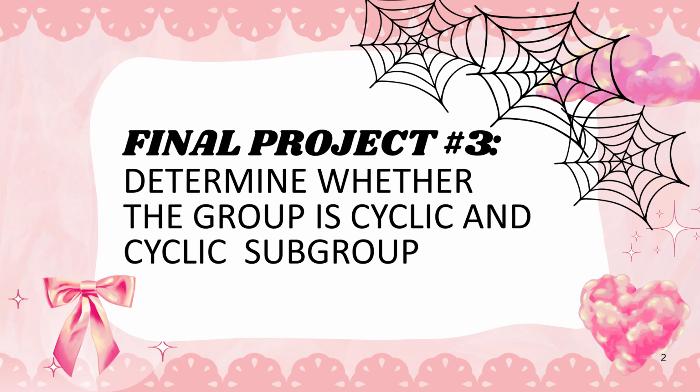Now that we know the meaning of a cyclic group, we will now determine if the symmetrical web is a group, and we will also check if it is a cyclic group. Let us start with the improper subgroup as the trivial subgroup, just like the flow that we followed from the previous project.